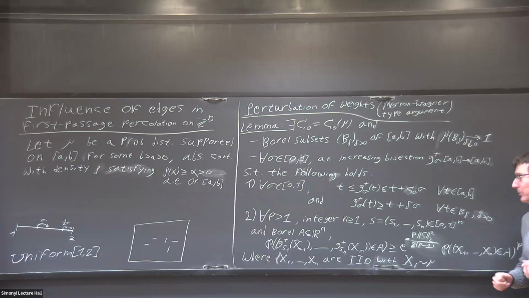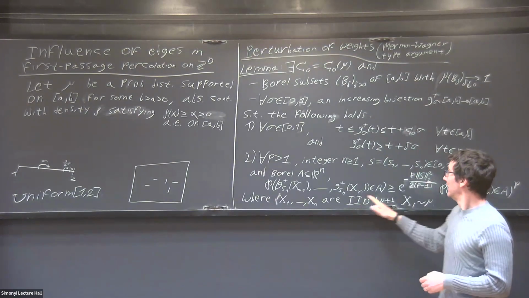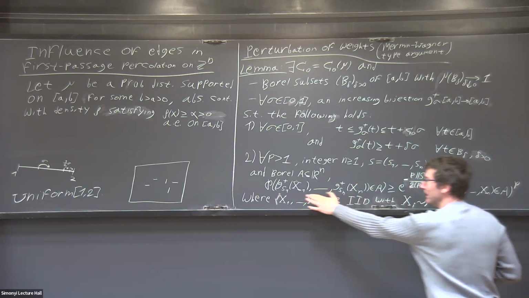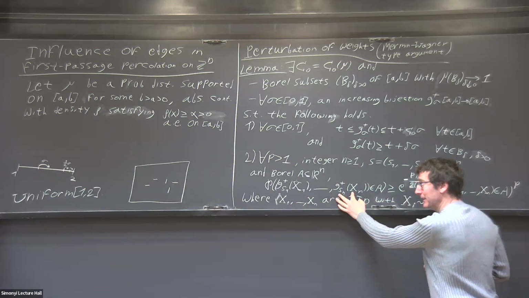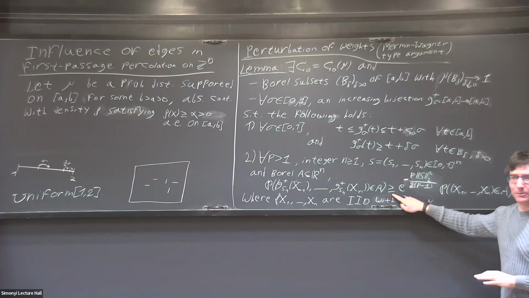In what sense? We have this quantitative version: for any event A, completely arbitrary, the probability of that event after the perturbation of the weights is comparable to the probability of it before the perturbation. We only need the one-sided bound.